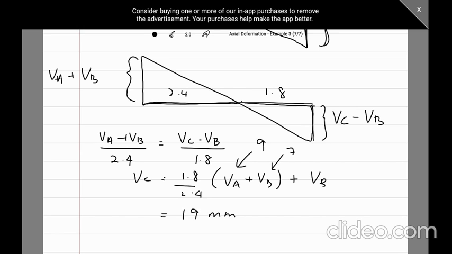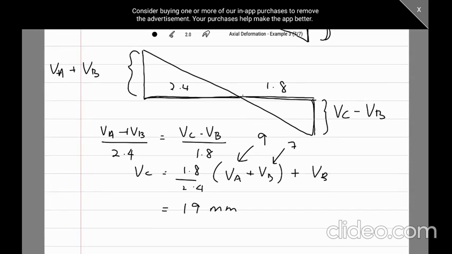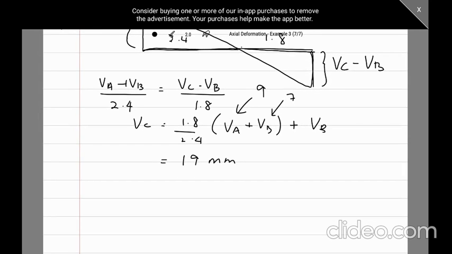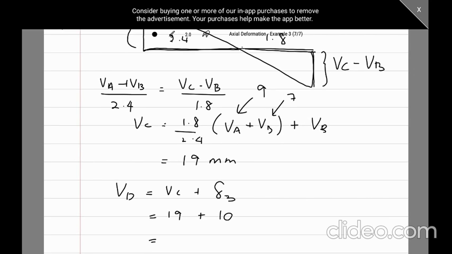So we have our VC. Now we can get the deflection at point D. Deflection at point D is basically VC plus the elongation of bar 3. So VC is 19 mm, elongation of rod 3 is 10 mm. So you get your VD, or deflection at point D, equal to 29 mm.